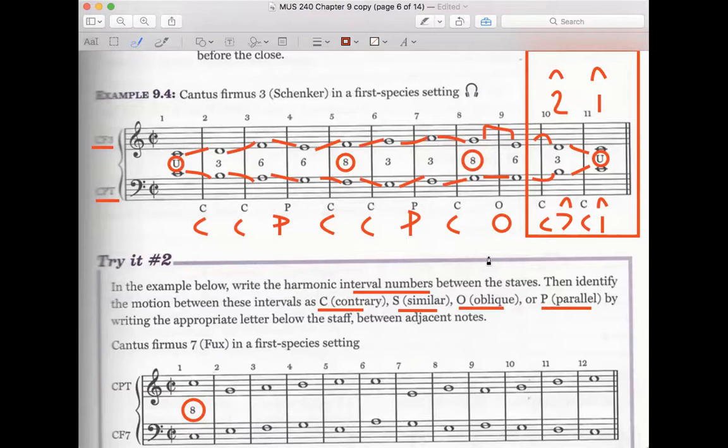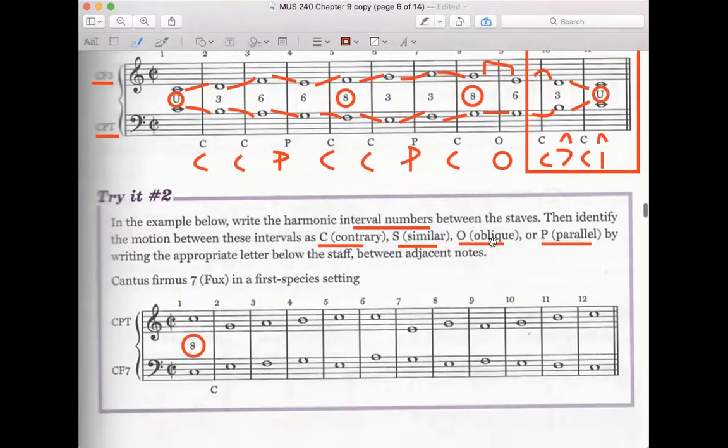Now there are opportunities to use similar motion. I wish that they used an example that did use similar motion because it does happen. In fact, in this style, you usually don't see much oblique motion, but that's okay. It's good to see what it is. So primarily, we're going to be using a lot of contrary motion, and that's because it avoids problems.